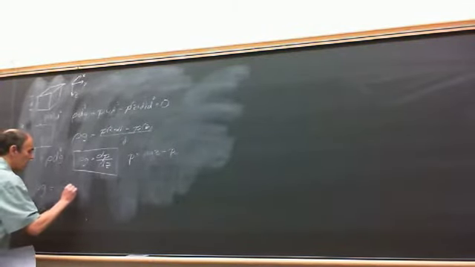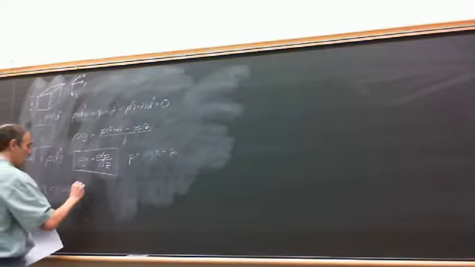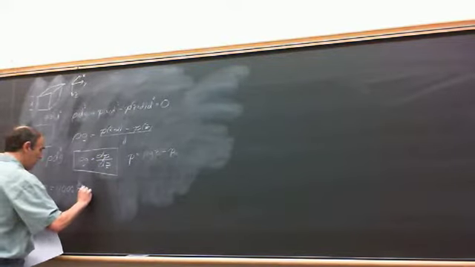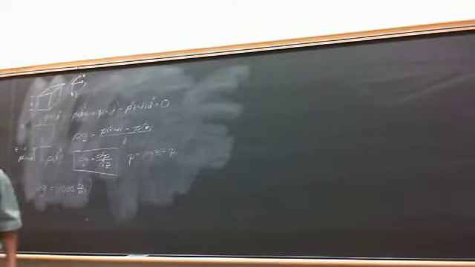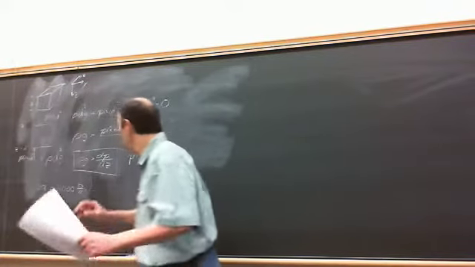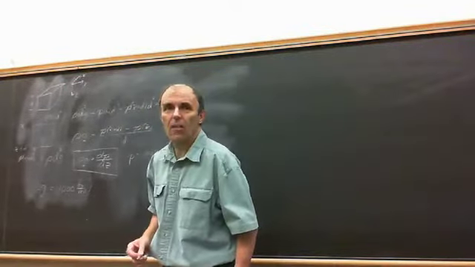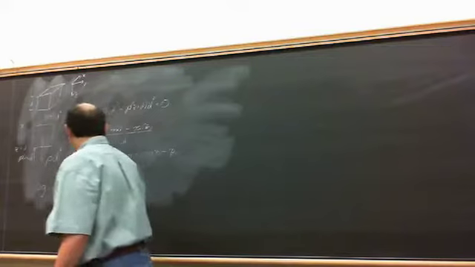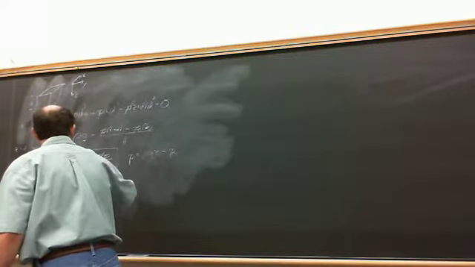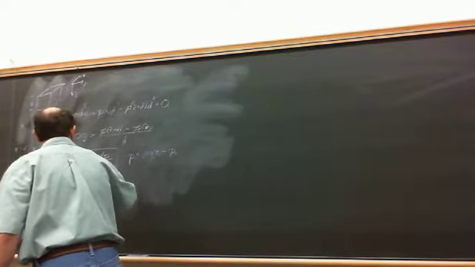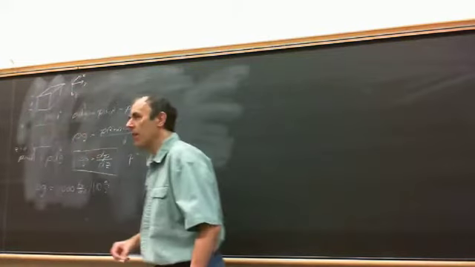So rho times g. We got rho, that was 1,000 kilograms per meter cubed. And g, I said, is 9.8. I want to just round that off to 10. g is essentially 10 meters per second squared. That's the acceleration of gravity at the surface there.